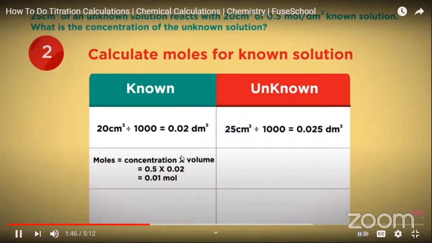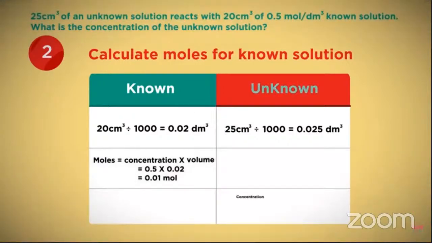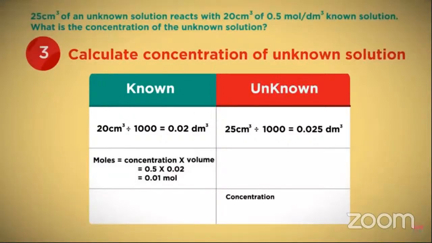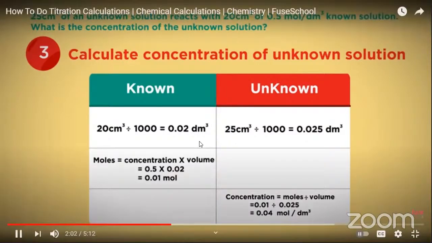Using this, we can now calculate the unknown concentration. The concentration of the unknown solution equals its moles divided by volume, which equals 0.01 divided by 0.025, which equals 0.4 moles per cubic decimeter. So here we're assuming that the reaction was in the ratio of 1 to 1, okay?